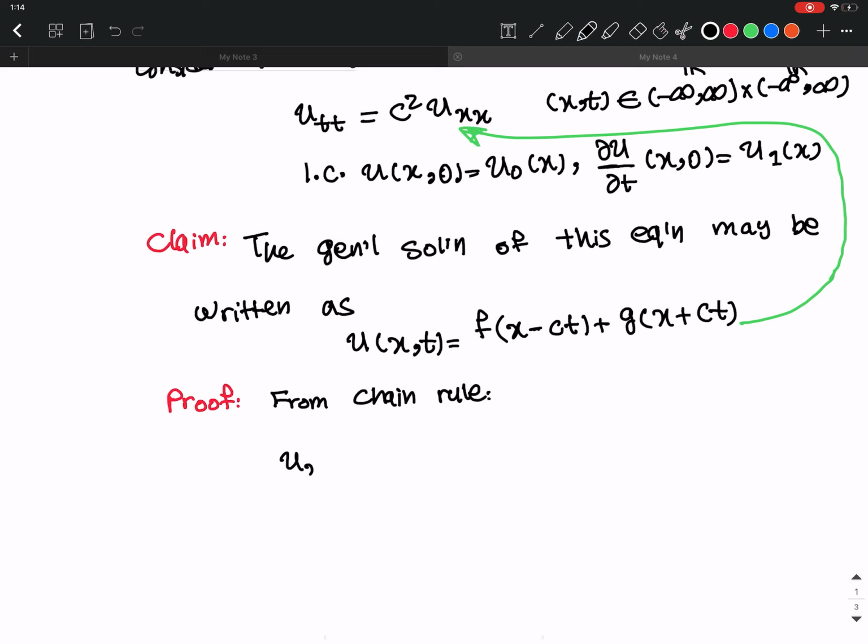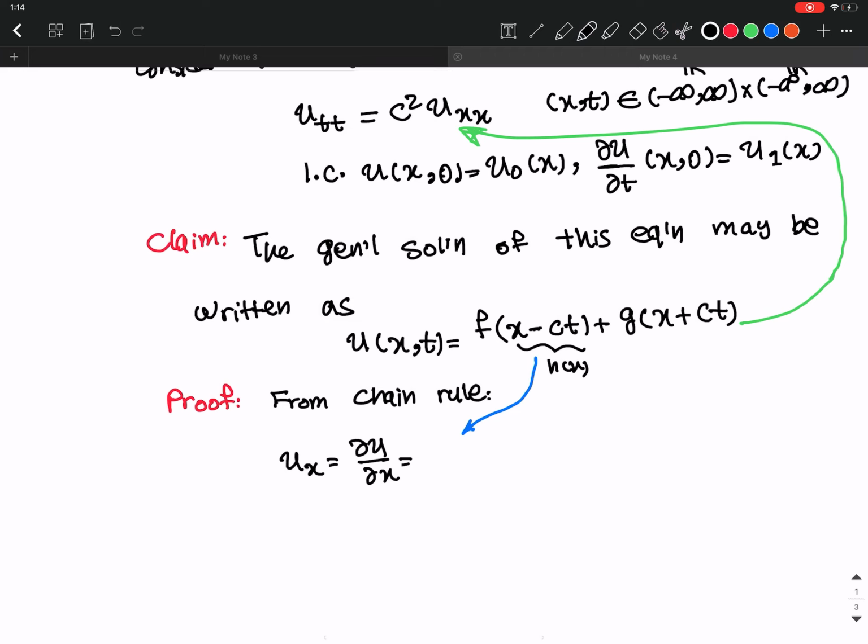So u_x, the first derivative of u with respect to x, is gonna be the derivative of f, and then the derivative of the function inside it.